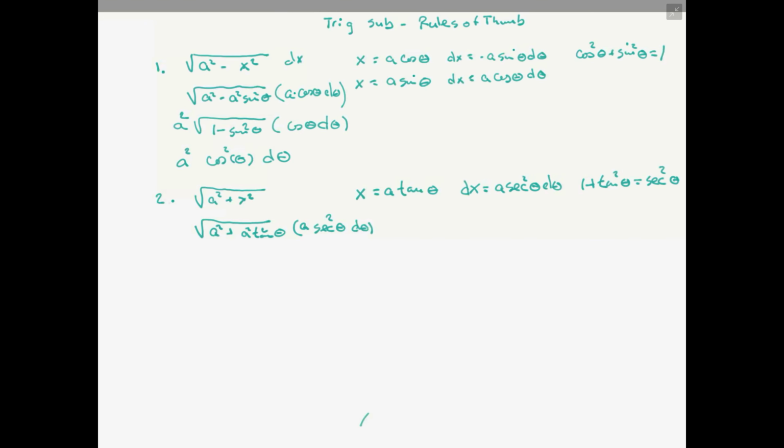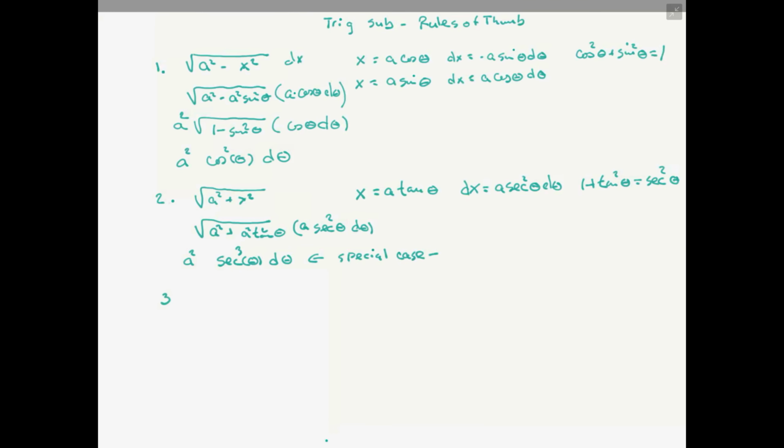And again, we would pull that a out from the square root, and 1 plus tangent squared would be secant squared theta. So we would end up with secant to the third theta d theta, which is a special case. That's going to take quite a bit of integration.